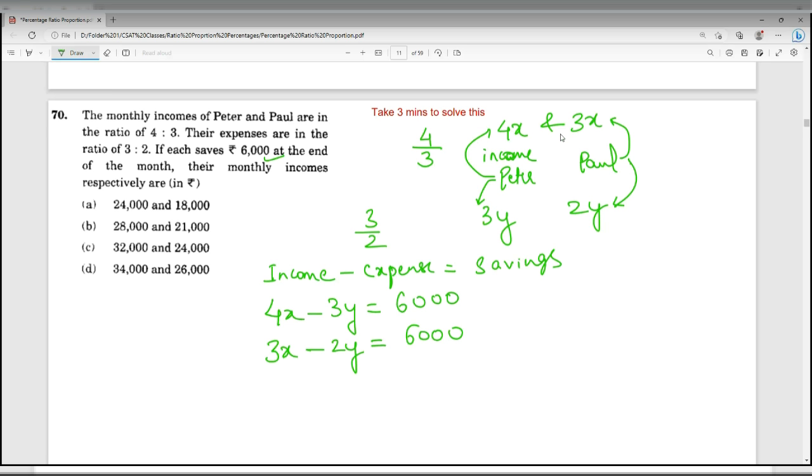To solve these linear equations, I would first try to eliminate the variable y. So I'll multiply this one by 2 and this equation by 3. I would get 8x minus 6y is equal to 12,000, and then 9x minus 6y is equal to 18,000.